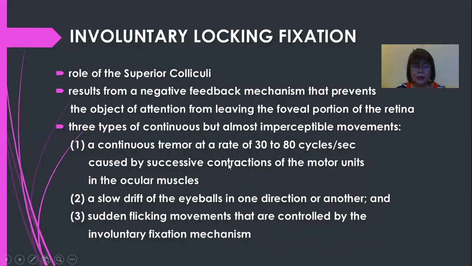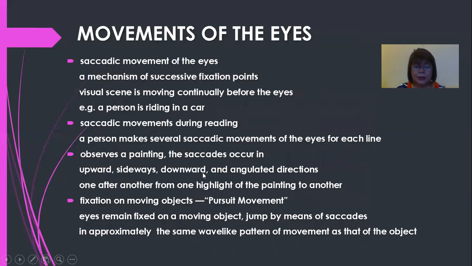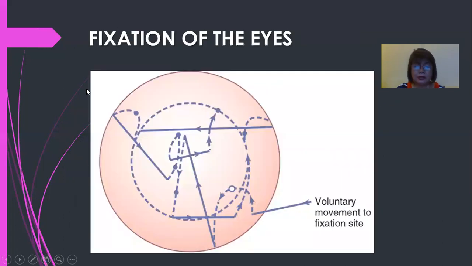Then there are sudden flicking movements that are controlled by the involuntary fixation mechanism. So there is movement, but it is put back into the fovea by the voluntary movement to fixate it.